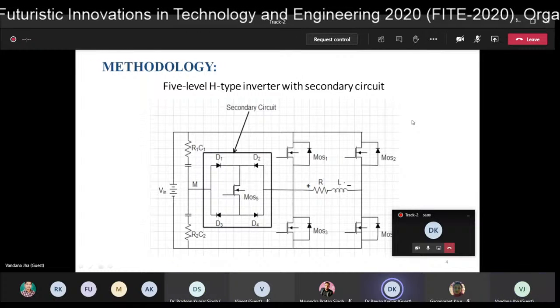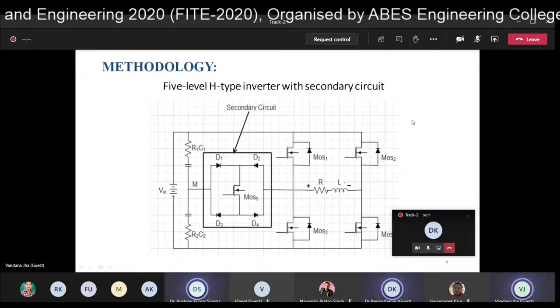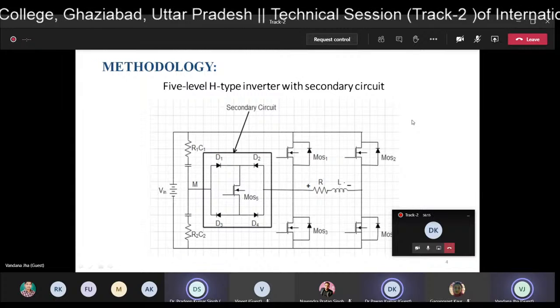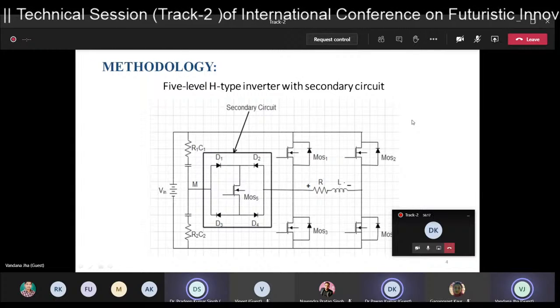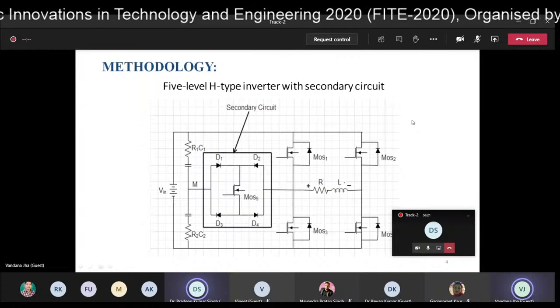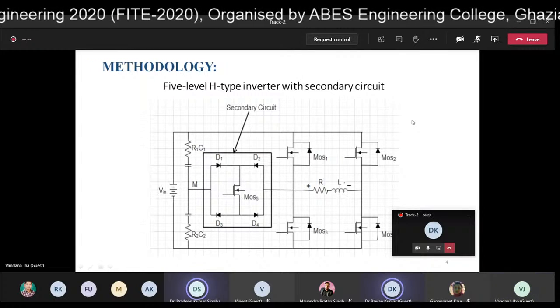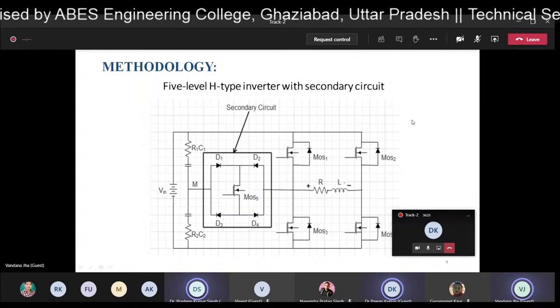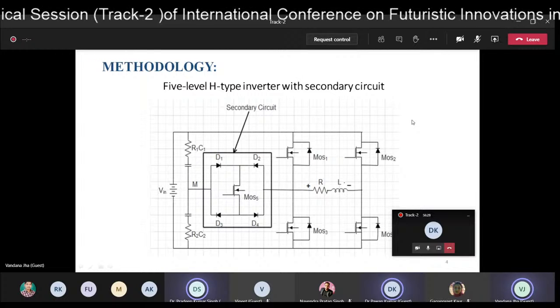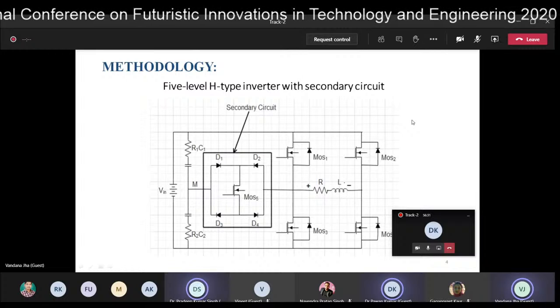Okay, Vandana madam. My next question is, you are having here R and C components. How did you decide the value of R and C? Sir, basically it is used for the division of this V in voltage.